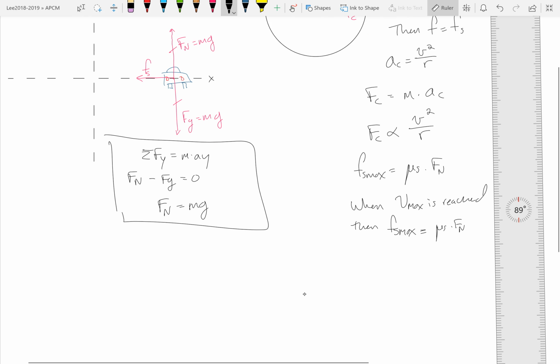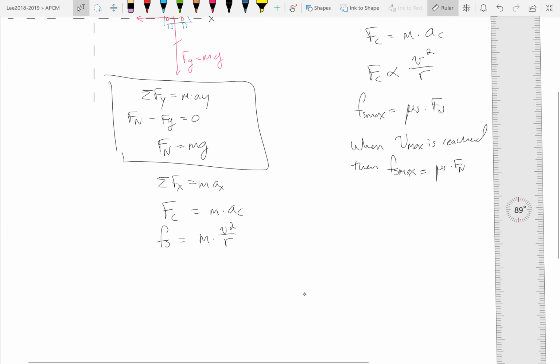Then in the x direction, sum of the forces in the x equals m a x, and I can see that static friction is the only thing I have there. In this type of motion, we said there's circular motion, the velocity is constant, so we're talking about a centripetal force, and the only force there is Fs. It's mv squared over r, and now the velocity is reaching a maximum.